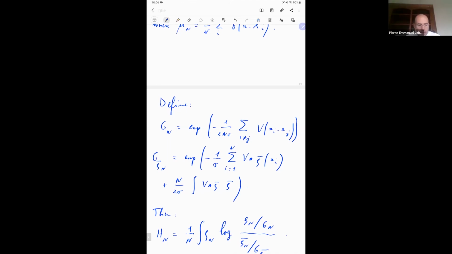Well, there are connections because the concerns are somehow the same. You need to have an adequate representation of your many particle system, and you need to have a way to compare with the mean field limit, which is not the mean field limit in the Boltzmann case, with the limit.